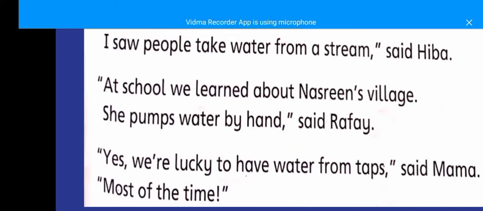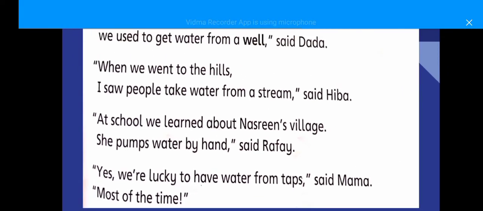And at the end, she is ironically saying most of the time, which means when we are not facing a water shortage or an electricity problem, we always get water in the easiest way, by turning on the taps and getting enough water.